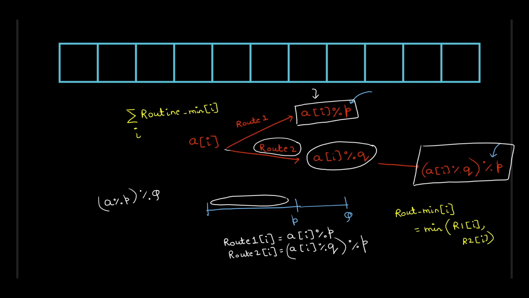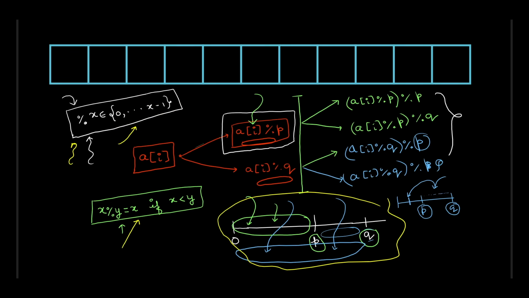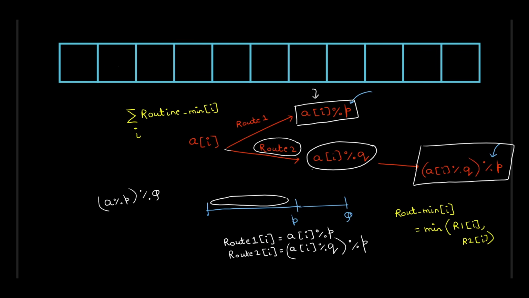It means that no matter how many times you do this operation, because of this property, the only two possibilities where it lands is it is A_i modulo P, or a two-step process where you do modulo with Q first and then modulo with P. So you have to be very careful not to do the modulo with P first if this root 2 is going to give you the minimum value.